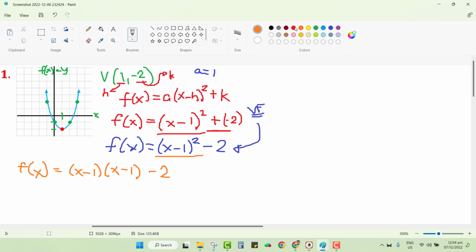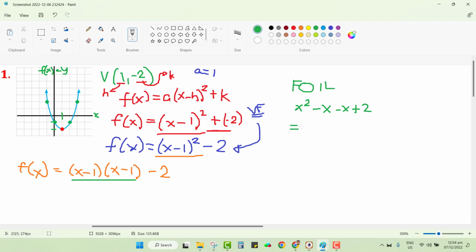In short, you just need to solve this product of two binomials using the FOIL method. So the FOIL method here, you have x times x, that's x squared. x times negative 1, you have minus x. Negative 1 times x, you'll have minus x. And you'll have negative 1 times negative 1, you'll have positive 2.